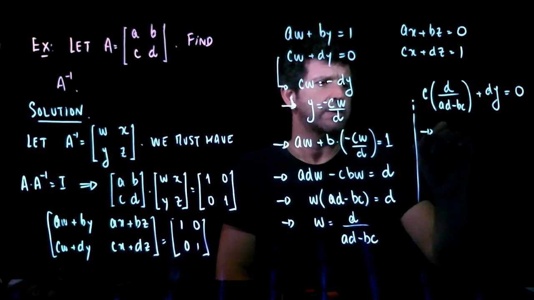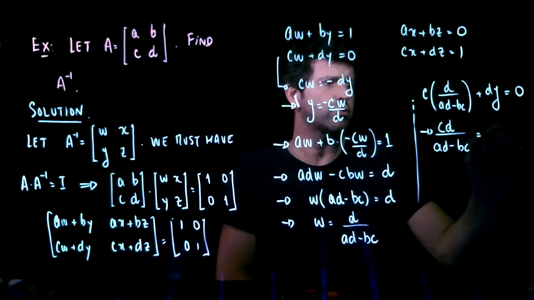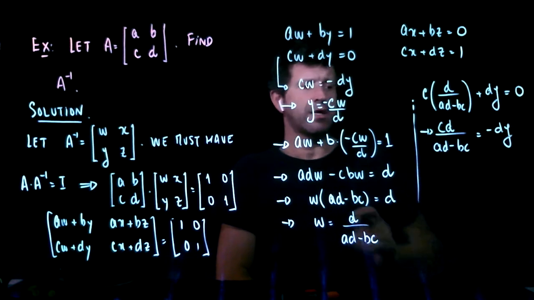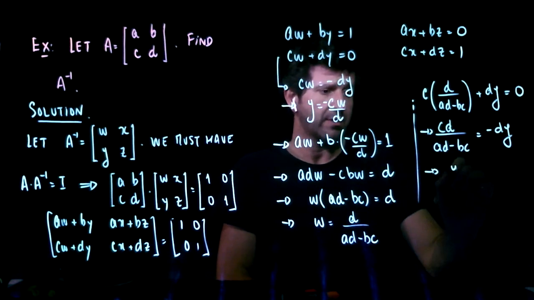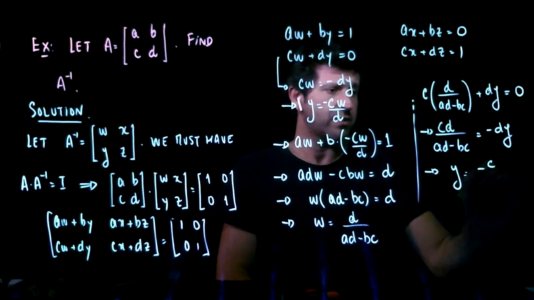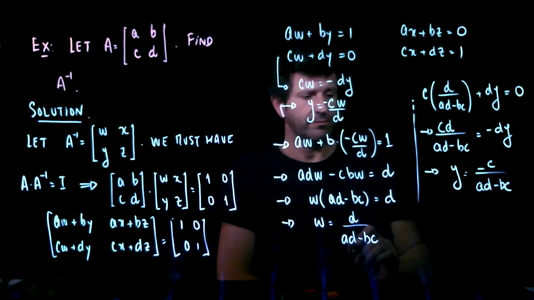So this means that CD over AD minus BC is equal to negative DY. If you divide both sides by negative D, you will get that Y is negative C over AD minus BC.